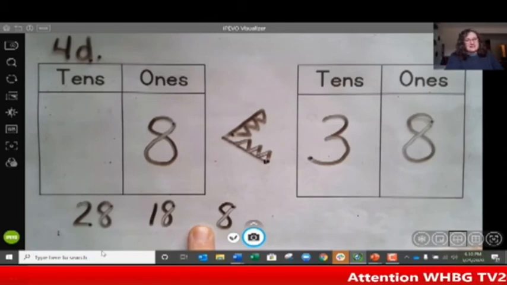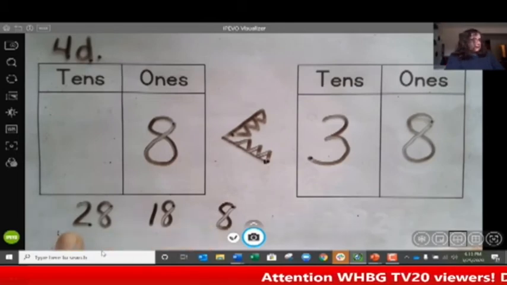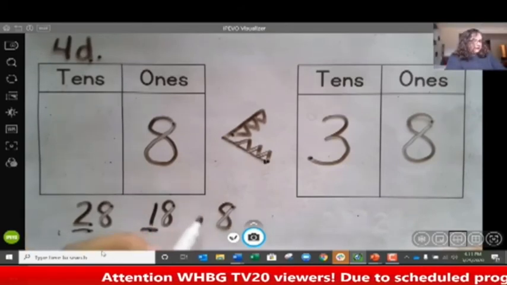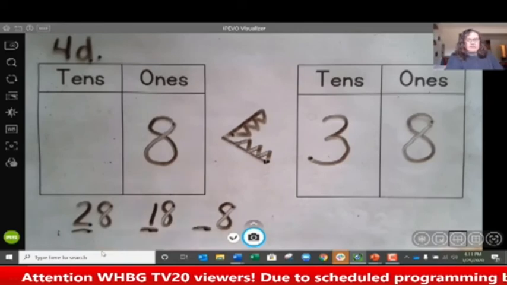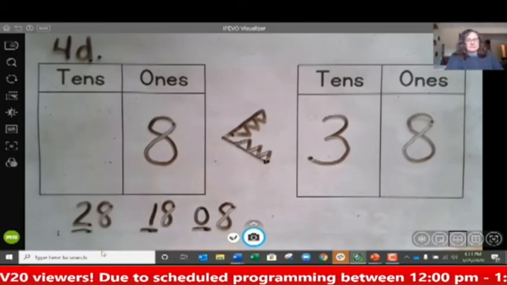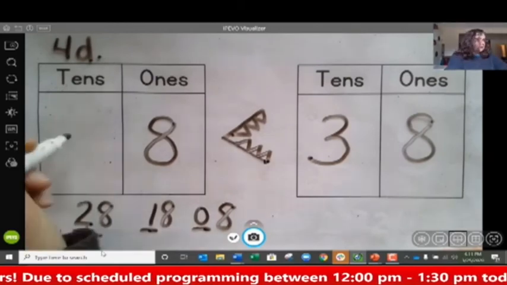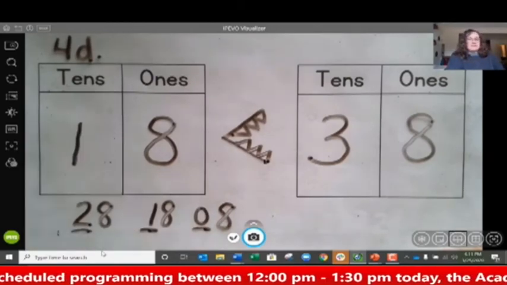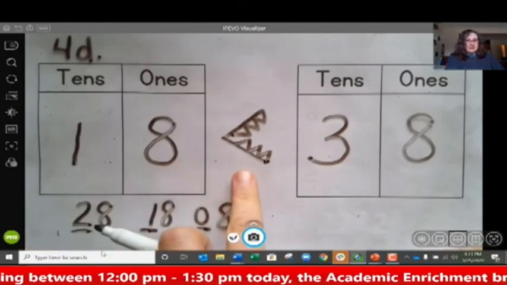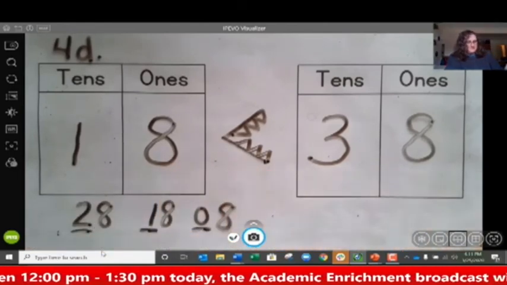Did you say 0 tens? So we could put a 2, a 1, or maybe leave it empty, or if you wanted to, you could put 0 for 0 tens. Let's put a 1. Let's read the number sentence. 18 is less than 38.